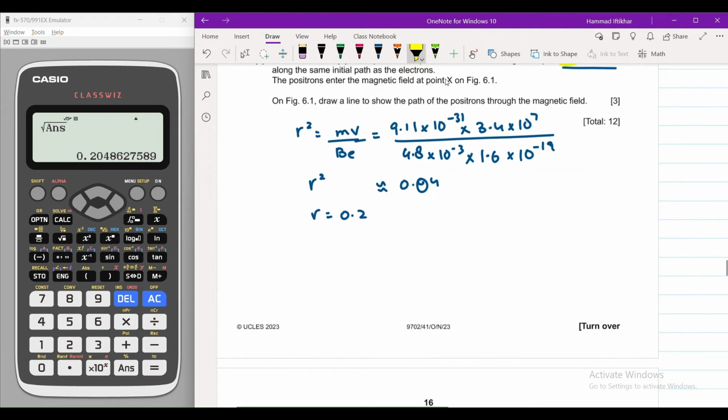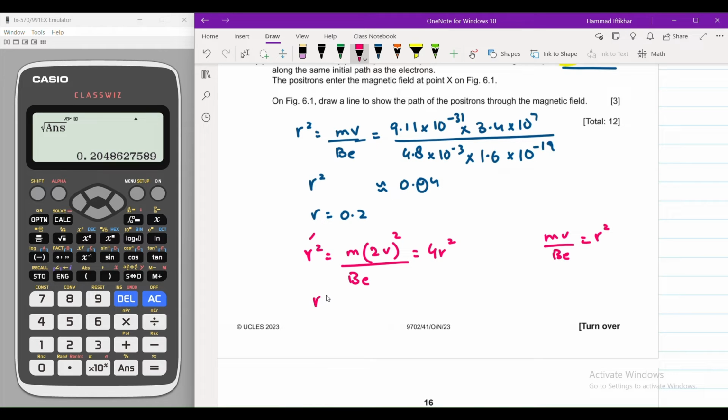So we can also show it another way. r squared: the mass is the same as the electrons, V is just twice that of the electrons, and BE is the same. So if we say m over BE was just r squared as before, then the 2v basically would be 2r, let's call it r prime, so that would be 2r squared, sorry, 4r squared.